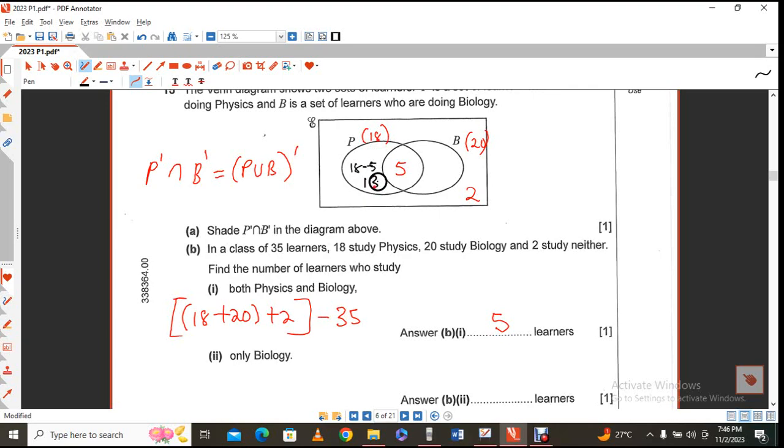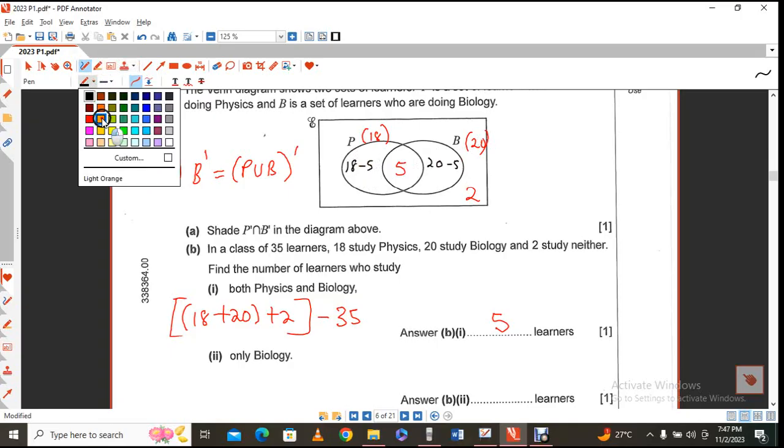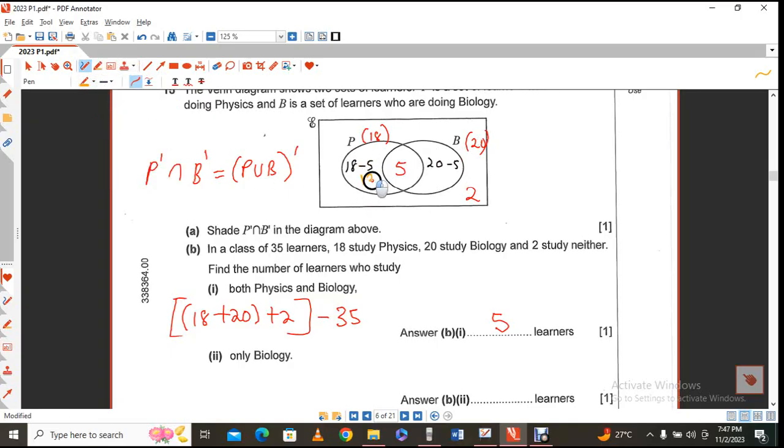So this one will only be 13. Right, so maybe I should just write it in nicely. So this one here would be 18 minus 5. This one will be 20 minus the 5. So at the end of the day, I have over here 13 and I have over here 15.